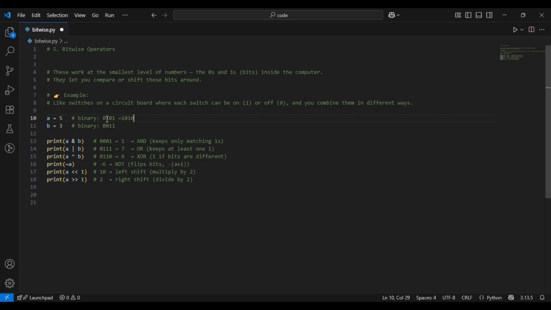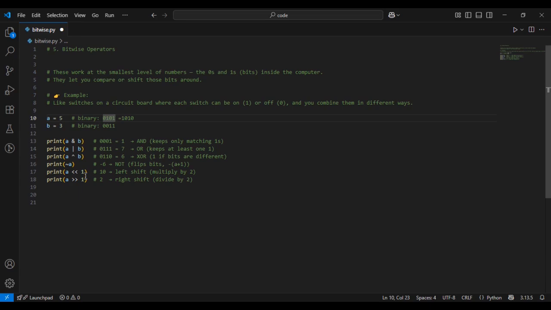So we lost this leftmost digit, which is 0, and all of these other digits were shifted in its place, and then a 0 was added at the end, so it became 1010, which is 2 to the power of 3, 8, plus 2 to the power of 1, which is 2, so 10 will be the answer.